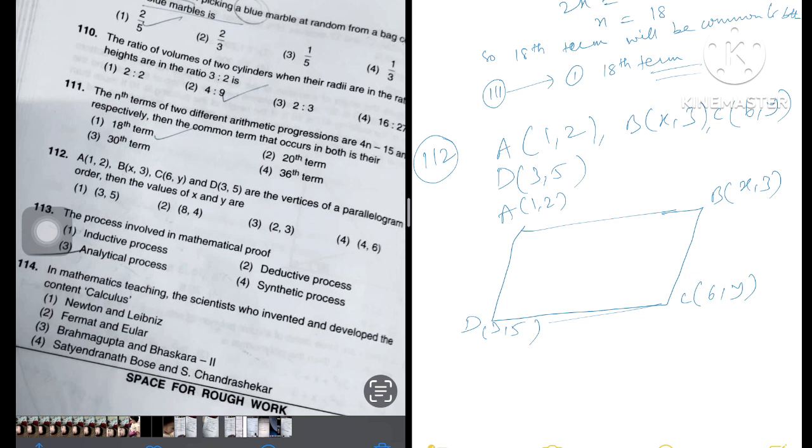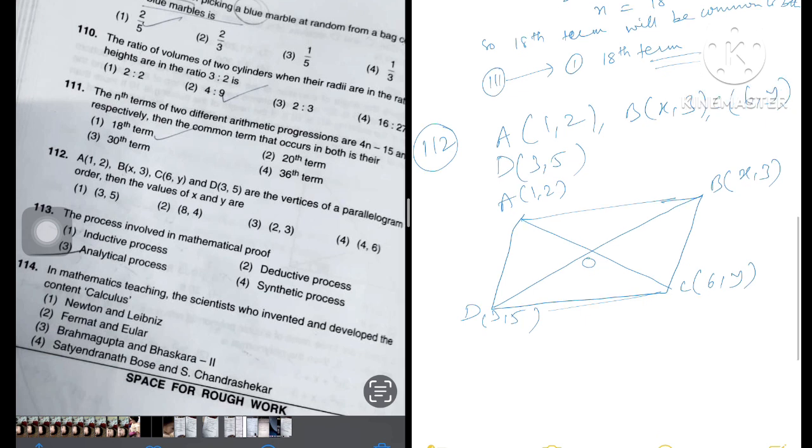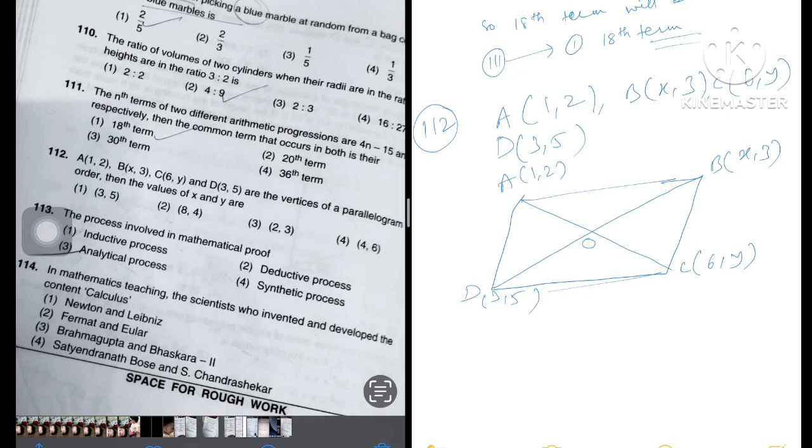See, we know one thing: the diagonals bisect each other. So we'll try to find a point O, and let's see what its coordinates will be.